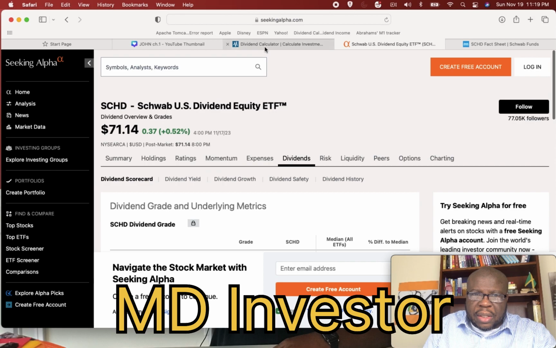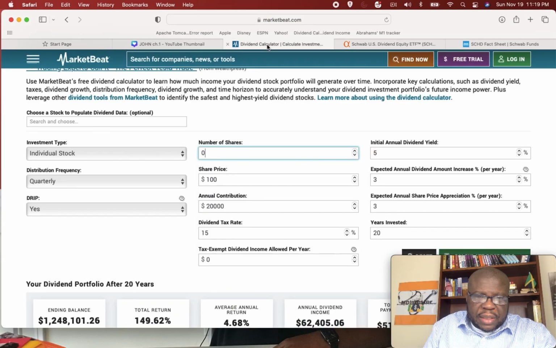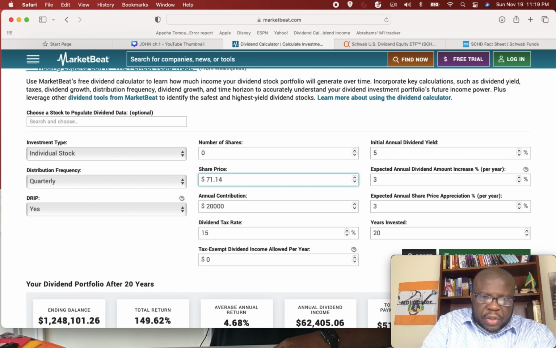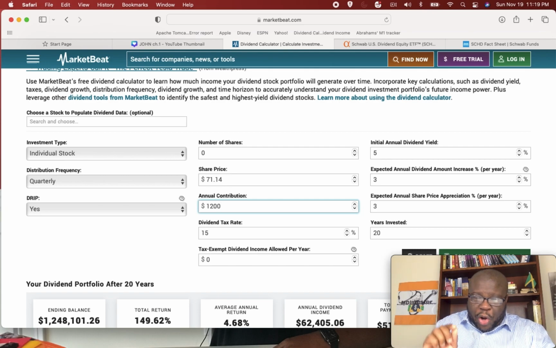So let's say the share price is $71.14. Annual contribution. So even though you may invest monthly, you have to put in an annual contribution. Let's say we're doing $100 per month. So annual contribution would be $1,200. So we're going to make this $1,200 annually. This is just $100 per month.